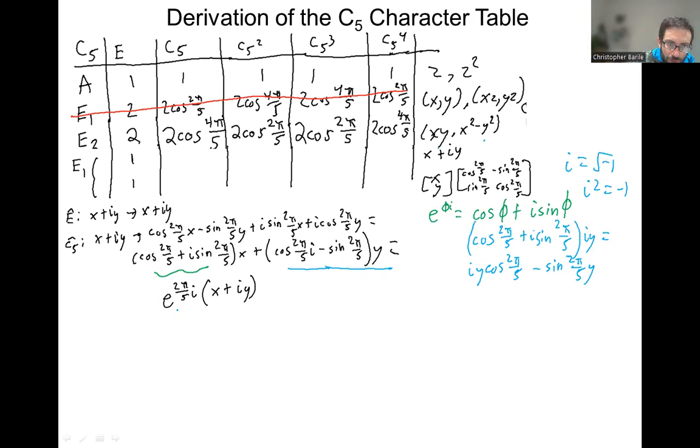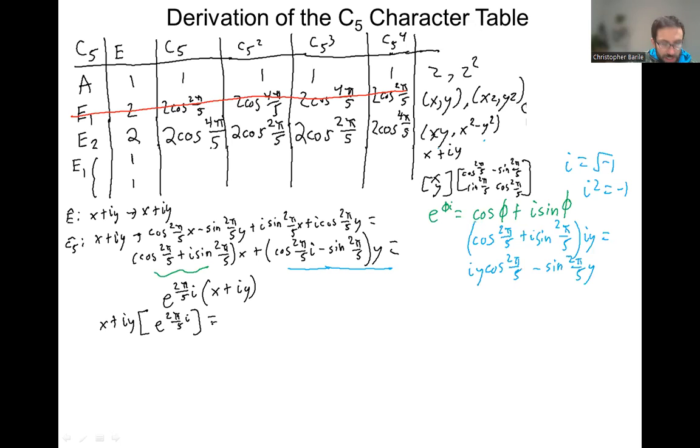So basically what we have now is a 1-by-1 matrix, where we have an eigenfunction. We have x plus y, the function x plus y, which can be multiplied by e to the 2 pi over 5 times I, and that gives us what we were looking for.